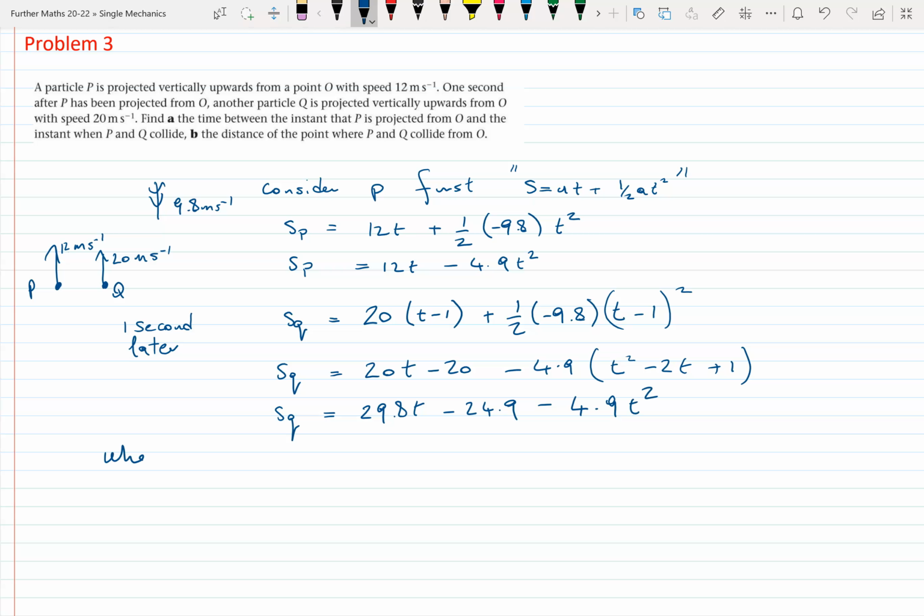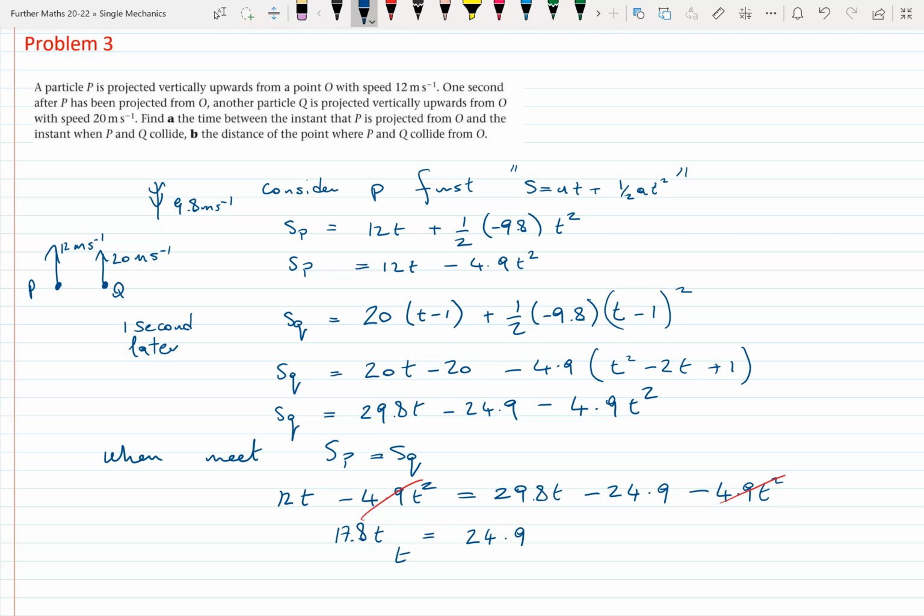So when they meet, the displacement is the same from O. Or they're in the same position, as I keep saying, it doesn't really matter in this particular example. 12t minus 4.9t squared is equal to 29.8t minus 24.9 minus 4.9t squared, and in this case the 4.9t squared cancels, and we get 17.8t equals 24.9.